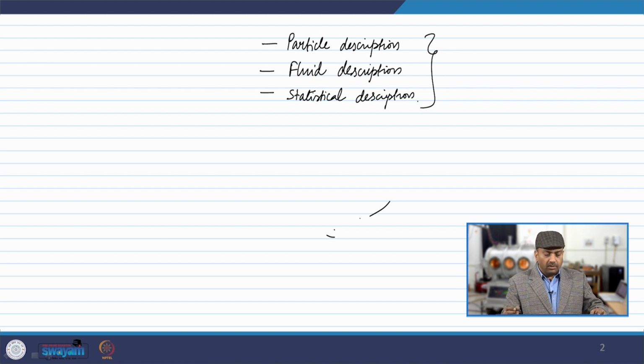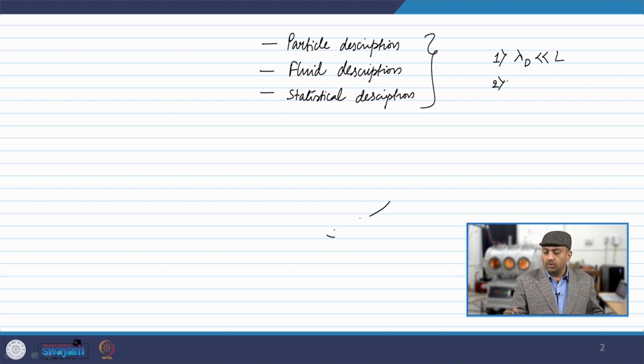In addition to this, it is very important to recollect the plasma criteria here. The plasma criteria is given by these three conditions. Number one is lambda d should be much less than capital L, where lambda d is the Debye length and capital L is the length scale of the plasma system.